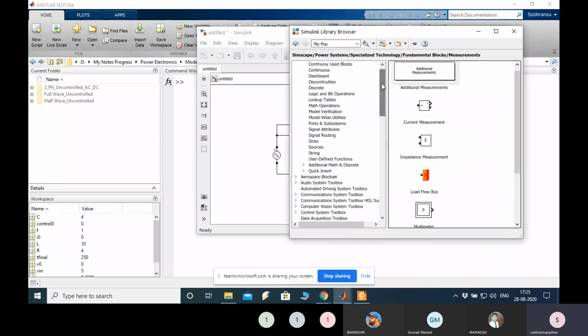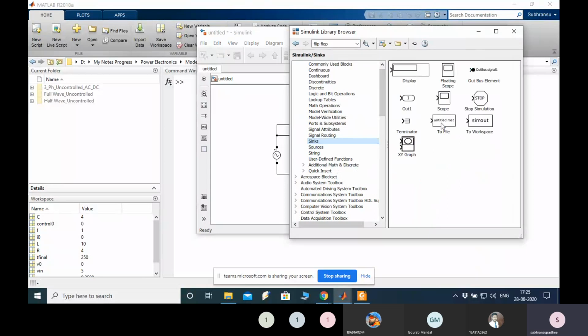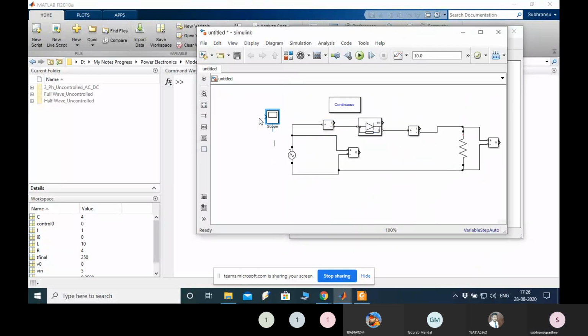Then we'll go for scope. This scope has a number of input ports, so we'll change it out.